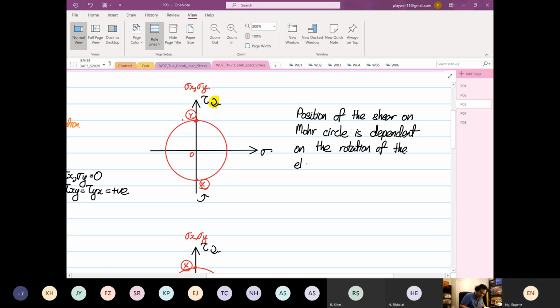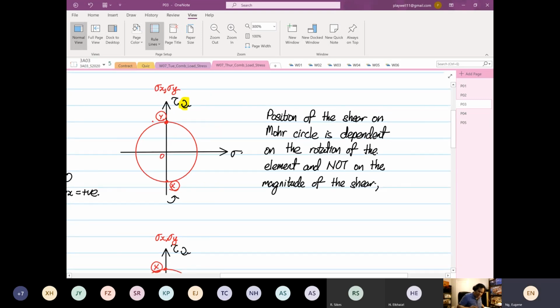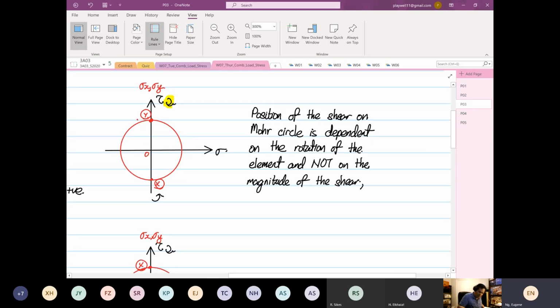Element. It's dependent on the rotation of the element and not on the magnitude of the shear. So the direction, whether it is positive or what? Negative. So it is all dependent on the rotation of the element.